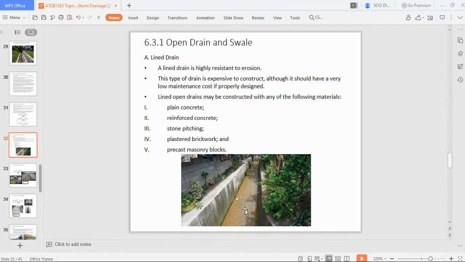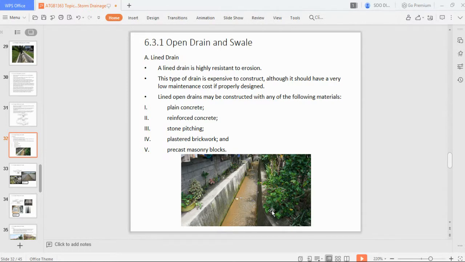Usually if you were to walk around the city, you'll find that you have a lot of lined drains. It can be a box culvert, or a U drain, or a cast-in concrete drain, such as in this case.